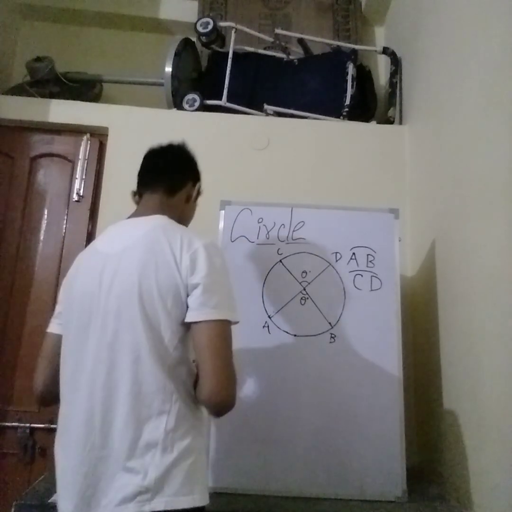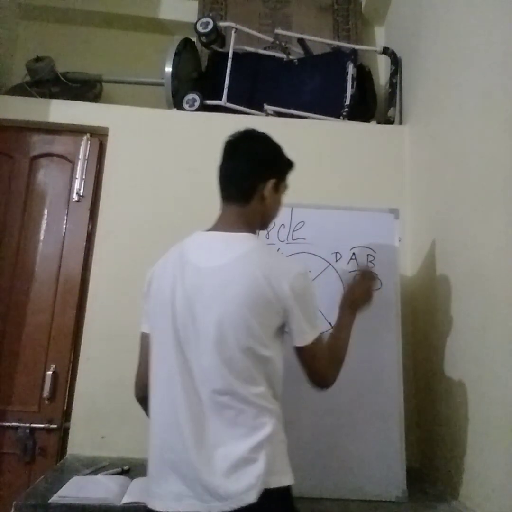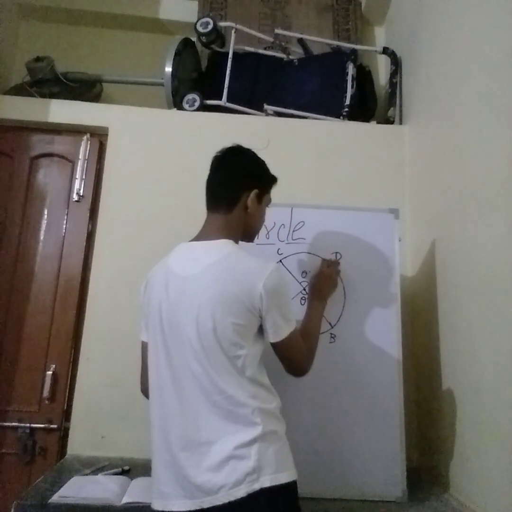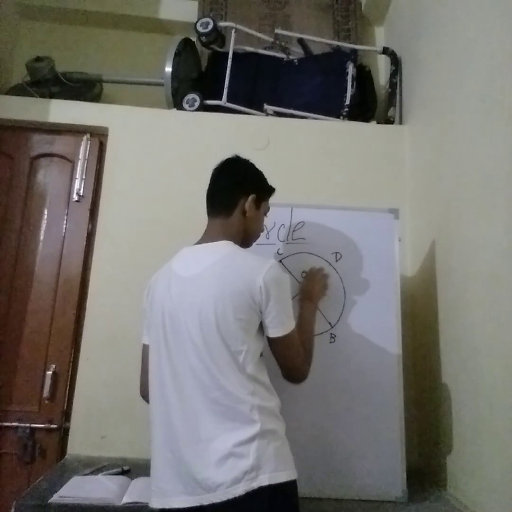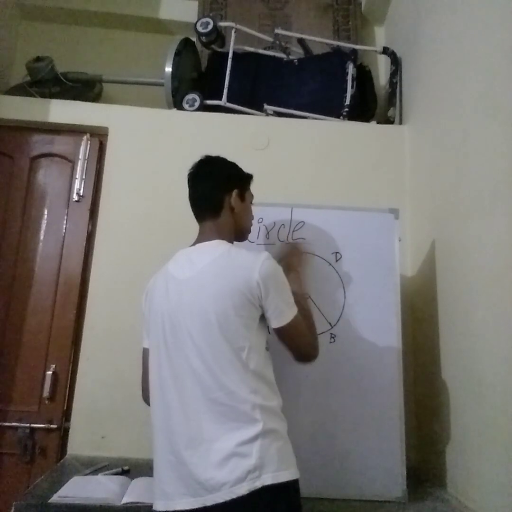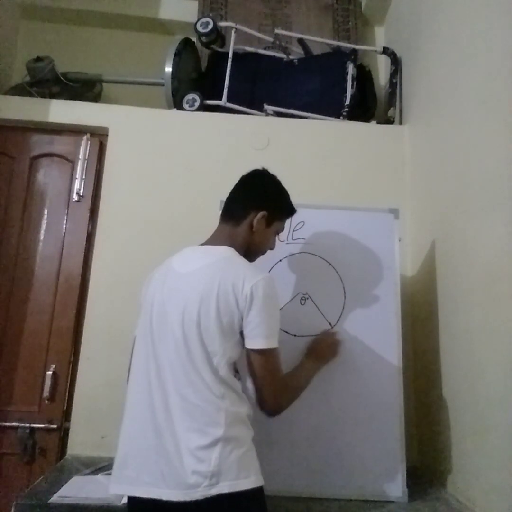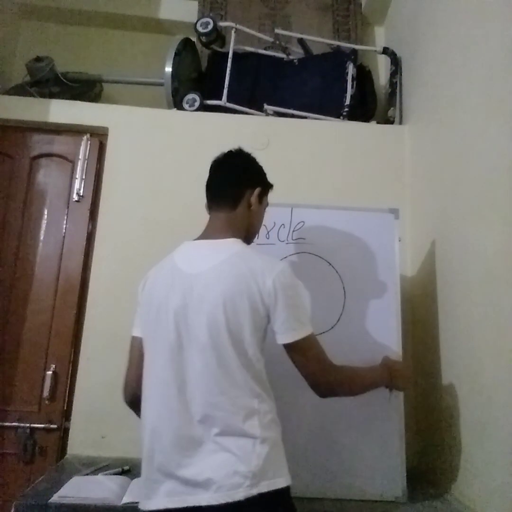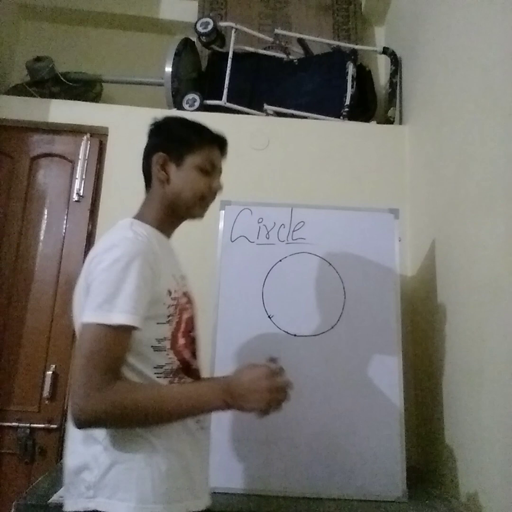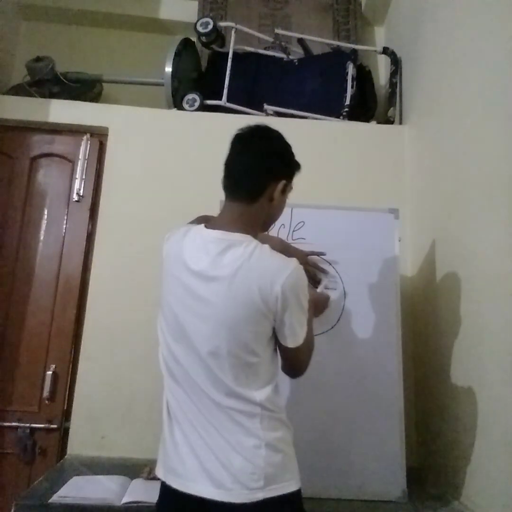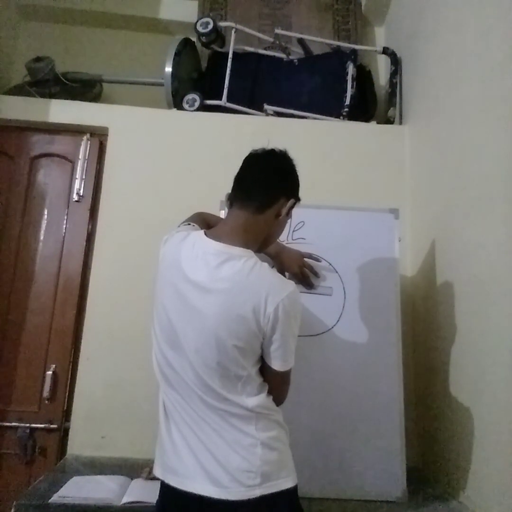Now we will discuss what is semicircle. We see the diameter is the longest chord of a circle. So the diameter divides the circle into two equal parts.